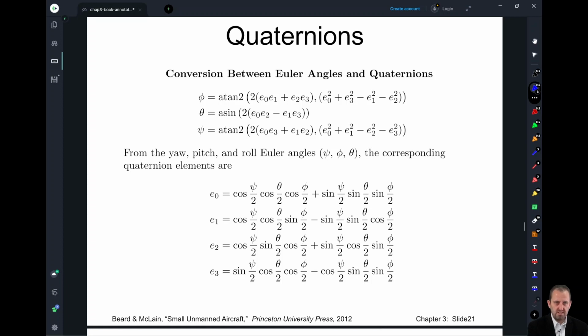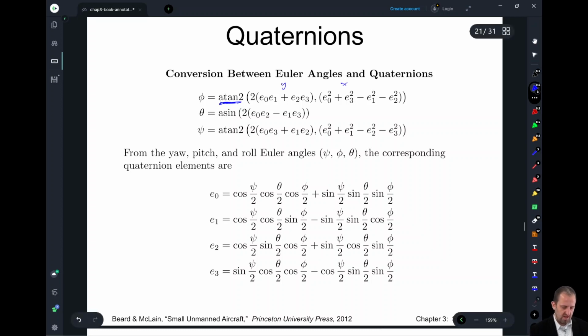There's a little bit more discussion about it in the book, in one of the appendices, but we can take our phi, theta, and psi and define those directly in terms of arctangents and arcsines with the different components of the quaternion. Now, with atan2, just note that that's a fairly common notation for writing our arctangent, where we have our y and our x components.